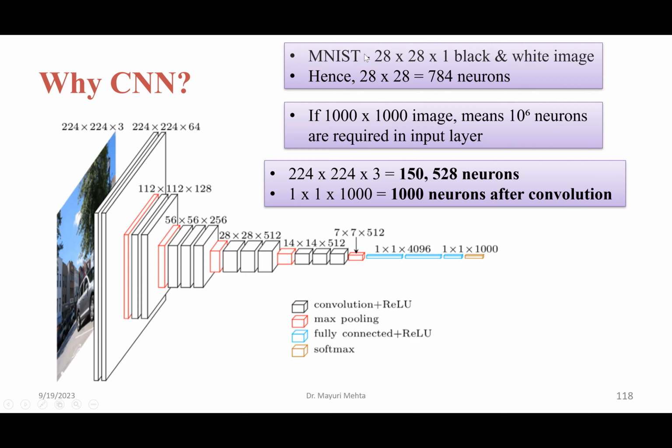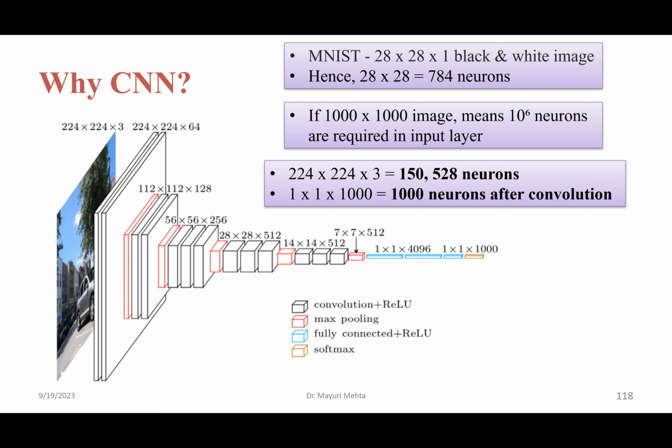If it had been a color image, then there would have been three numbers: one for red, one for blue, and one for green. But these are black and white images with 28 cross 28 cross 1 resolution. So, how do you feed an image to a neural network?